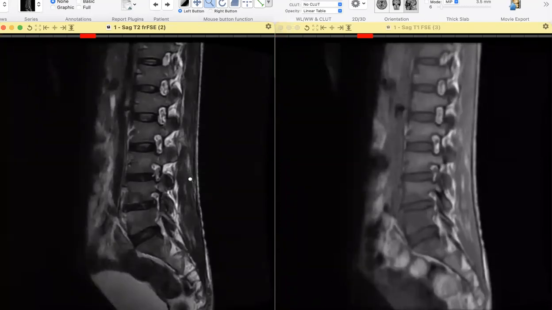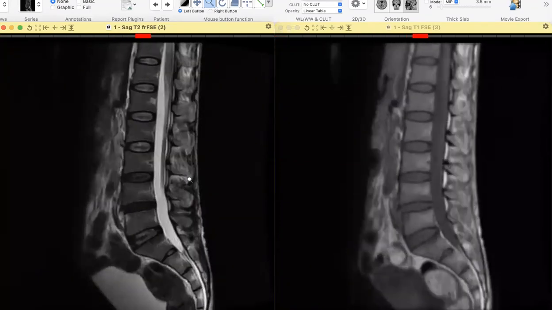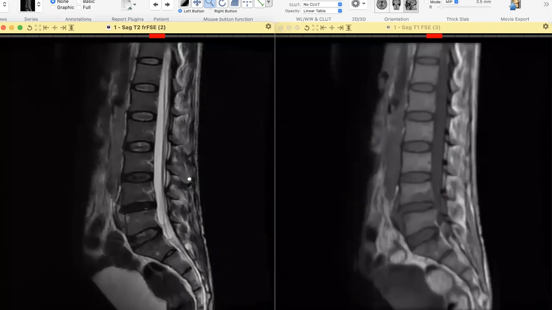I am provided with MRI of lumbar spine. I can appreciate that there is some marrow signal change seen along the inferior endplate of L4.